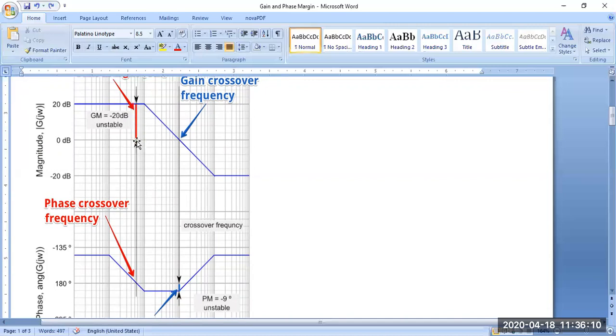So it is measured from 0 dB till 20 dB, because see here, omega PC, the phase crossover frequency, when I take it straight upwards, it cuts the magnitude plot at this point.